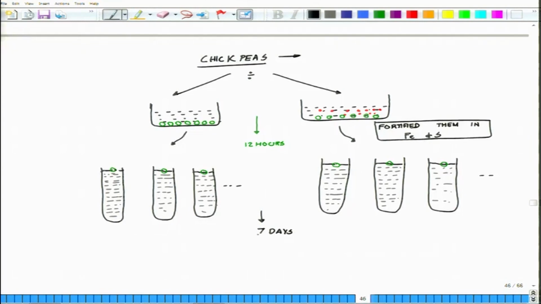So after 7 days, what was observed was, when they germinate like this, they form the root systems. Now the ones which were treated were taller and had a much more well spread out root system.